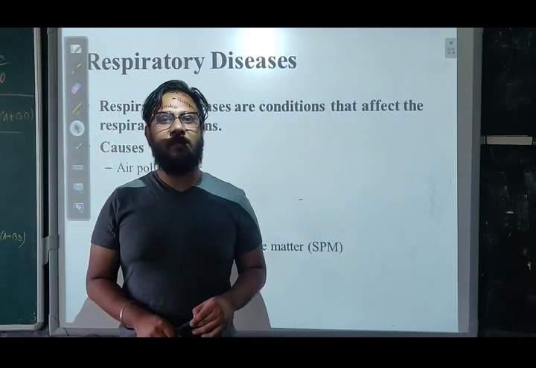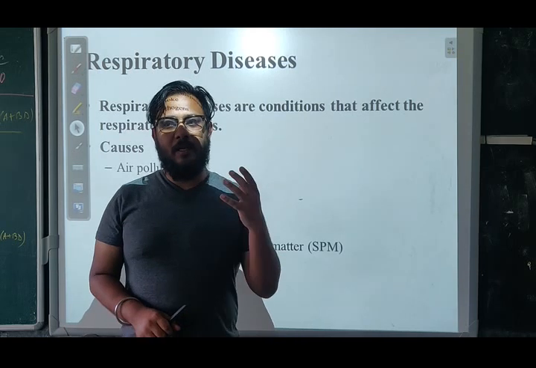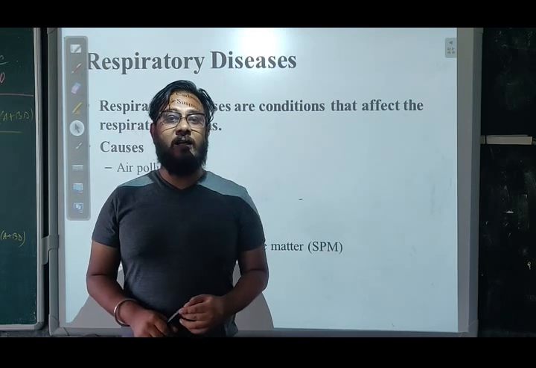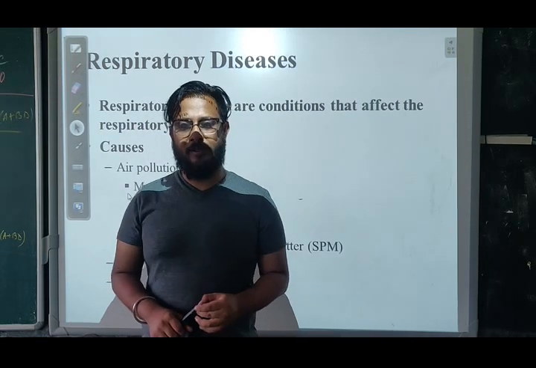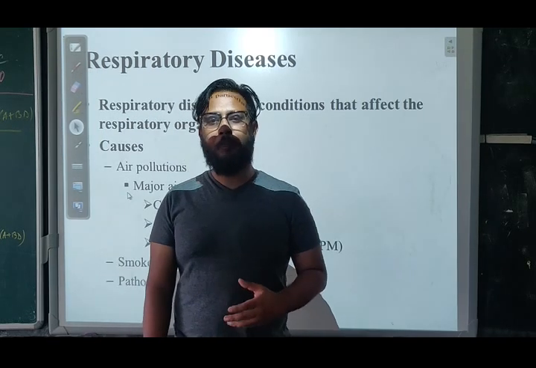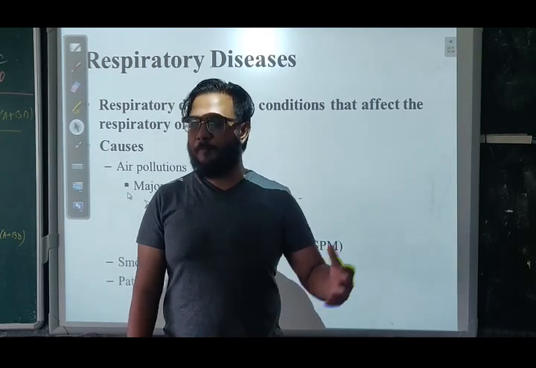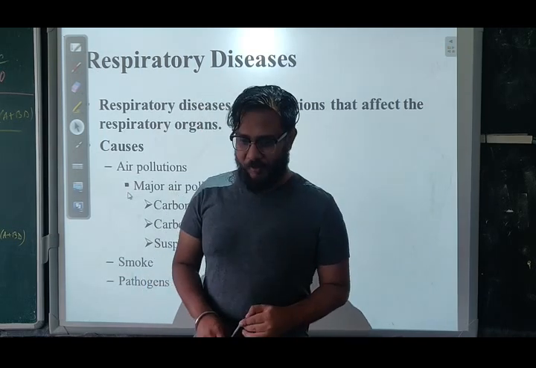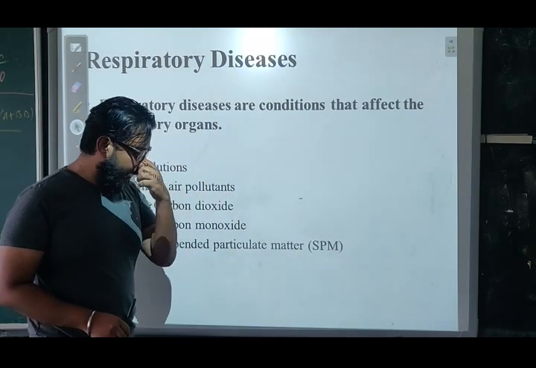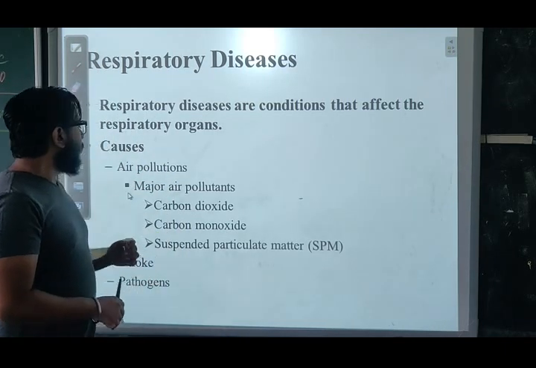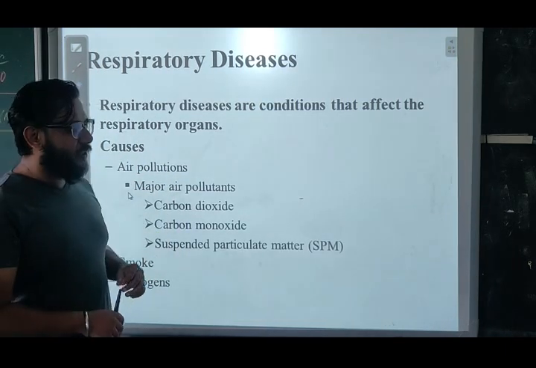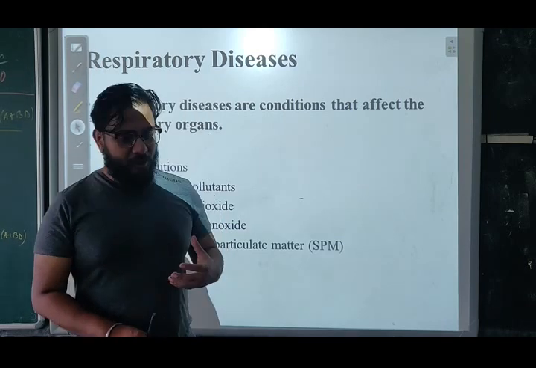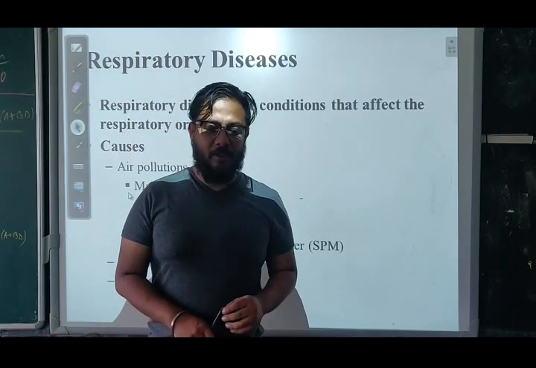Now we move on to the final part of the chapter, that is diseases that affect your respiratory system. Most of this happens due to the pathogens present in the air and the air pollutants that you can find in the air. It affects different parts of the respiratory system.